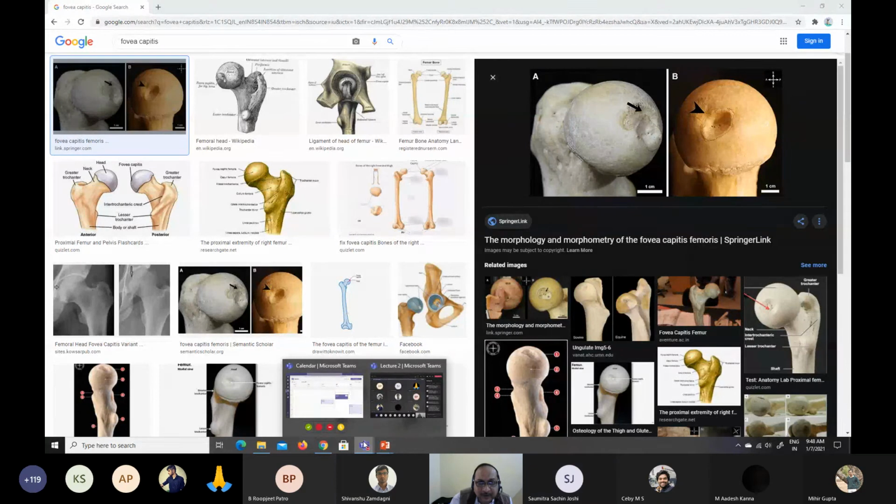So this is the irregularity on the femur head, and you can see here it's marked very clearly. But generally it forms a part of the femur head.